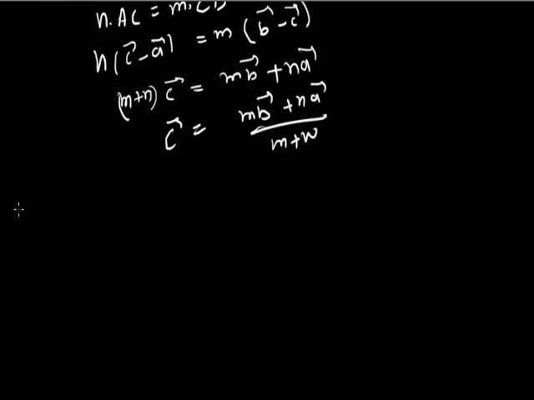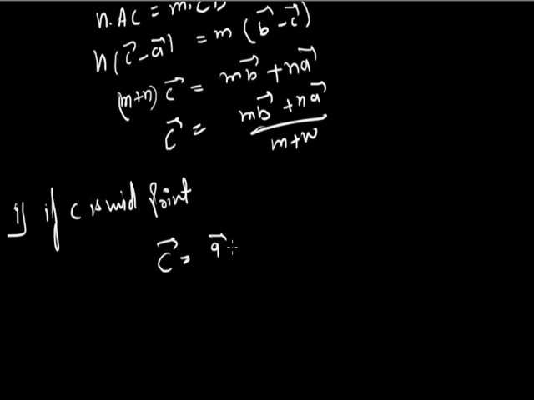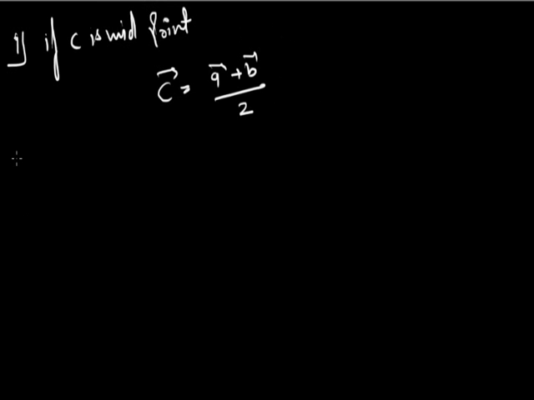Now suppose C is the midpoint. If C is the midpoint, it divides in the 1:1 ratio. Then the c vector is (a vector plus b vector) divided by 2. Now the second thing: c vector is (m b vector plus n a vector) upon m plus n.